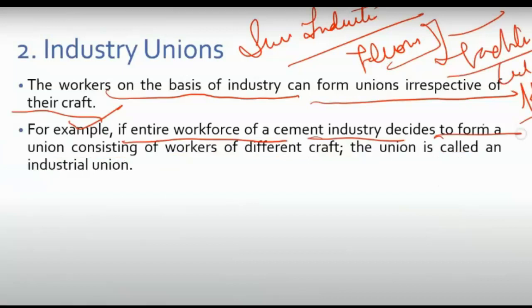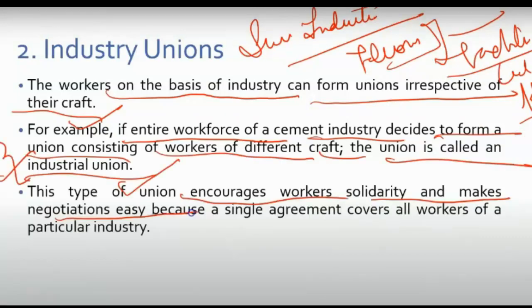For example, the entire workforce of the cement industry, all the people who are working in the cement industry, they can be part of an industrial union. It could have workers, managers, and top management, like the people in senior roles also, but it can have all the people from the same industry. Next, this type of union encourages workers' solidarity and makes negotiation easy because a single agreement covers all the workers.